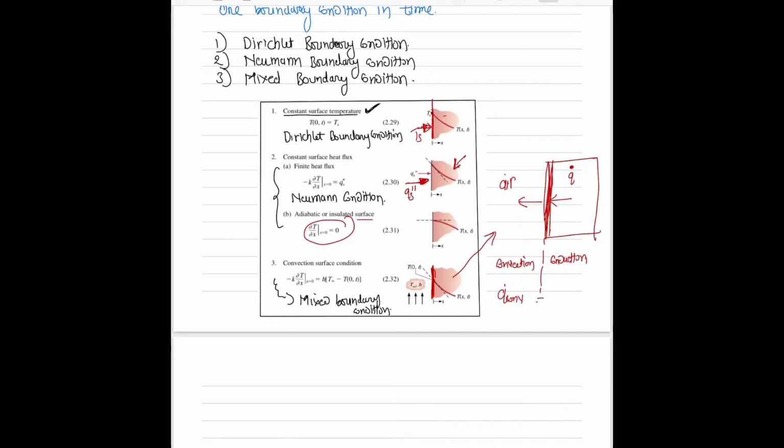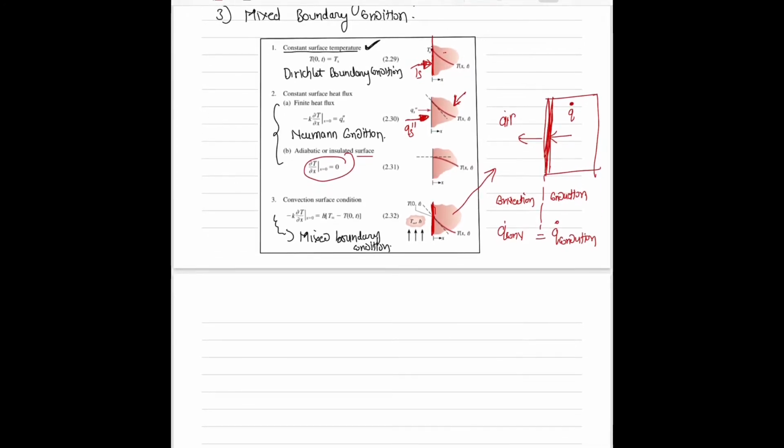So we can write that heat transferred due to convection is equal to heat transferred due to conduction. The heat transferred due to convection is h times T infinity, the temperature of the air, minus T surface, equal to q conducted, that is minus k del T by del x at x equal to 0, and suppose this is my x direction.